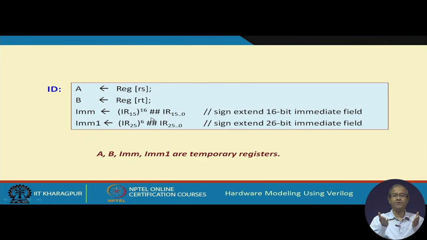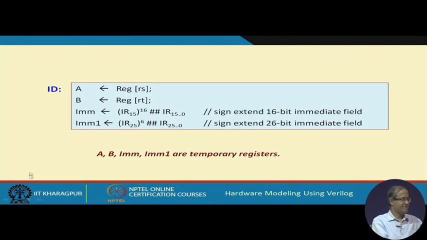Well, of course, when you write in Verilog, we have other ways of representing it. There are those curly brackets, concatenation operation, replication operation, those are there. But this is a symbolic notation, not Verilog. I am just writing it in symbolic notation. And this A, B, Imm, etc., these are all temporary registers which will be required later.